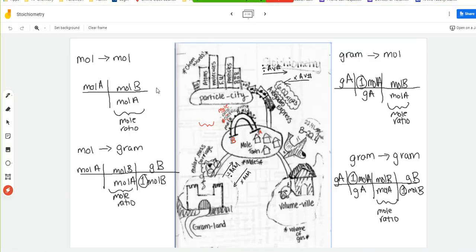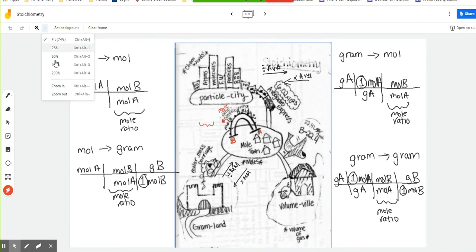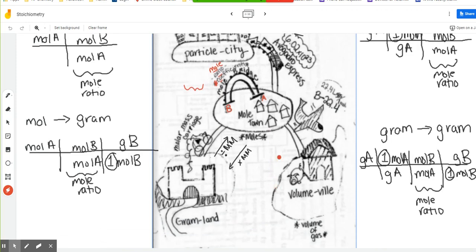Oh, wait, before we do that, let me show you what we ended with. So we had all of this. Just a reminder as to what we were focused on. We had stoichiometry, which was traveling between mole town and gram land, by dividing by molar mass or multiplying by molar mass, depending which way you're going. But remember, I told you guys don't focus too much on that part.